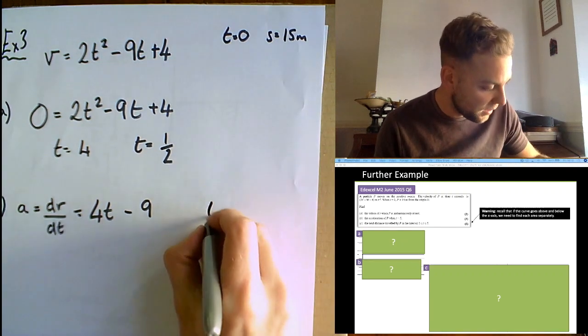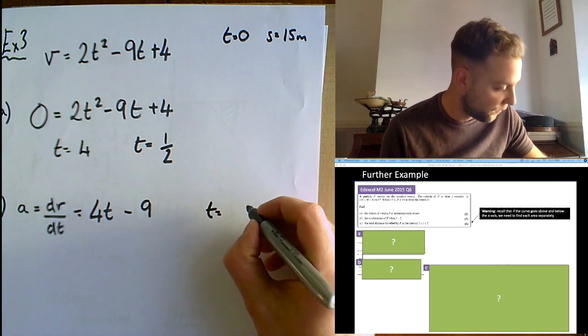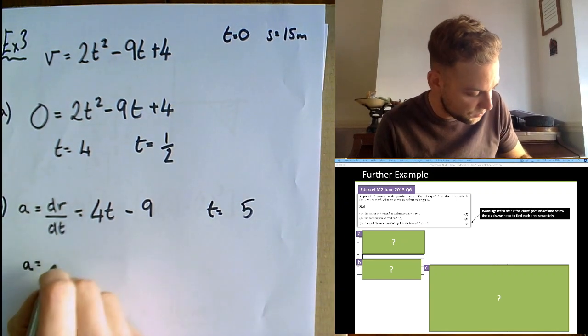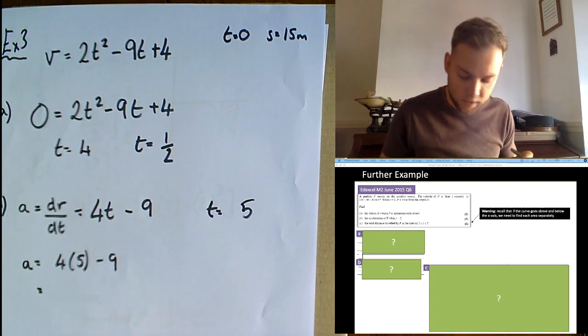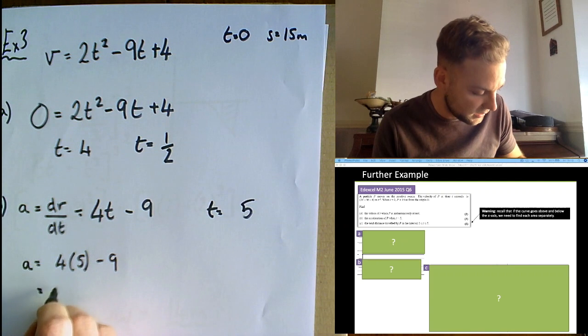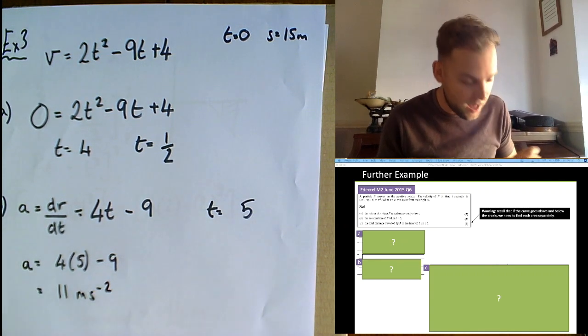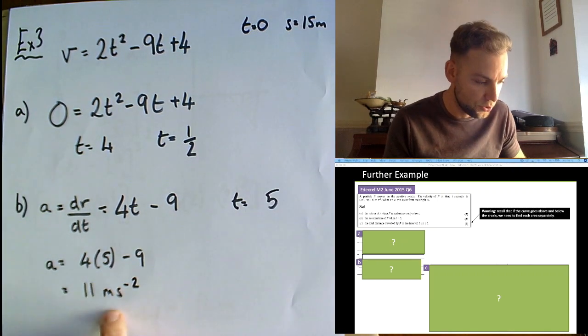And I want it when t is equal to 5, so let's sub in the value 5. So a is equal to 4 times 5 minus 9. 4 times 5 is equal to 20, minus 9 is equal to 11 meters per second squared. Okay, brilliant. So that's that question done.